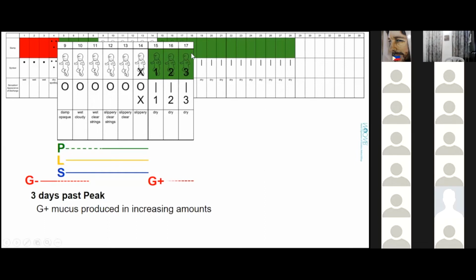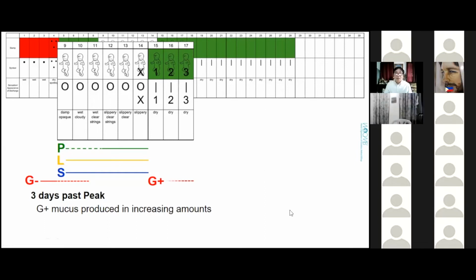That is why the G plus is a dotted line from 15 going to 17. The cervix is still partially open on days 15, 16, 17 because the G plus mucus is not yet completely done in closing the cervix. So take note.